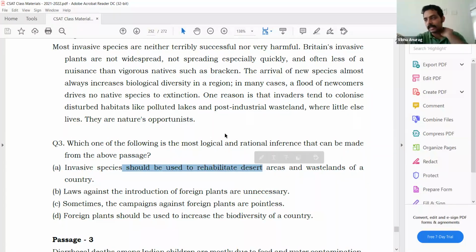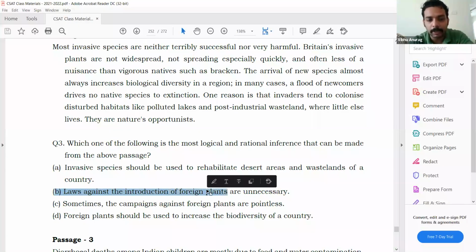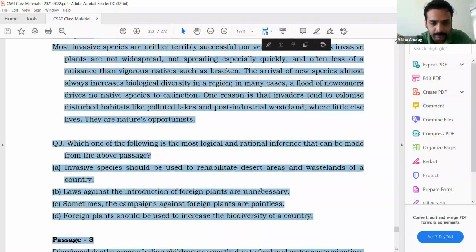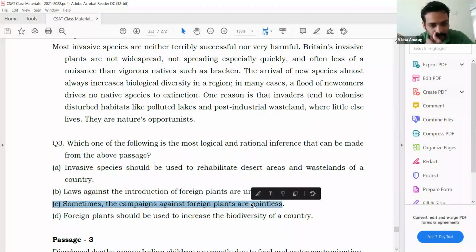It is given that these invasive species usually grow in polluted lakes and post-industrial wasteland, but no such suggestion has been made as to where they should be used. So A is wrong. B says laws against the introduction of foreign plants are unnecessary. Again, no such suggestion has been made that the laws are unnecessary.